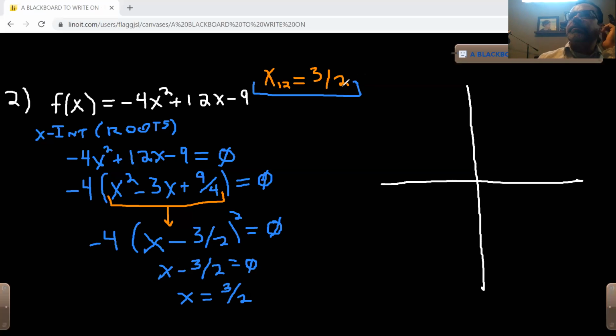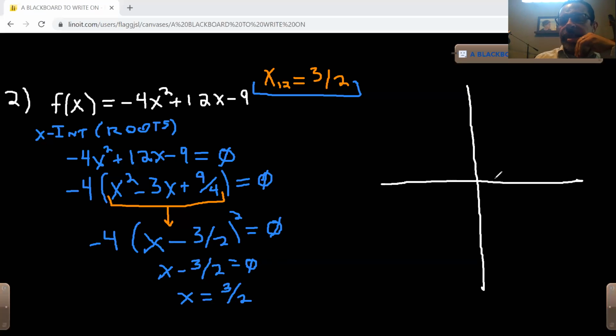So what does this mean? This is a parabola, and the two roots that we have are the same. What that means is that the two roots are in the same place, one is on top of the other, and it's at x equals 3/2.